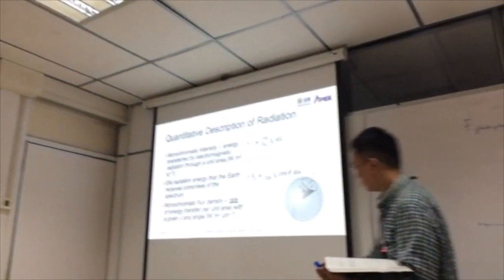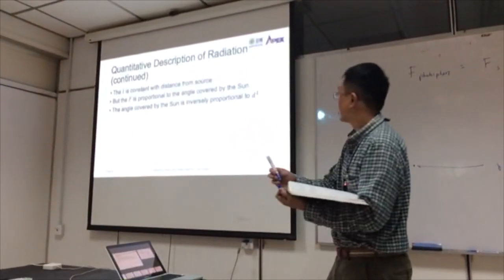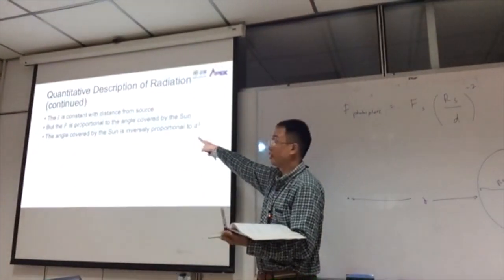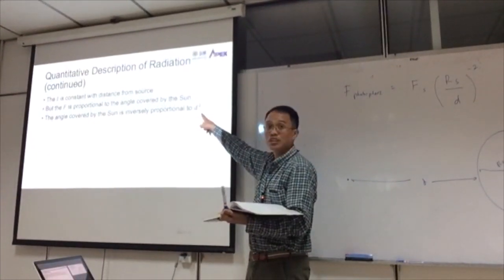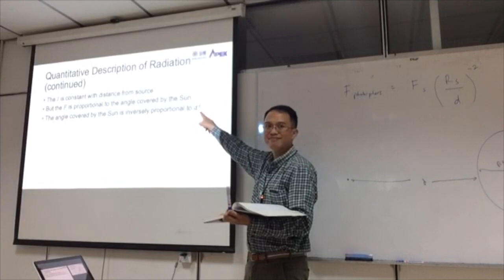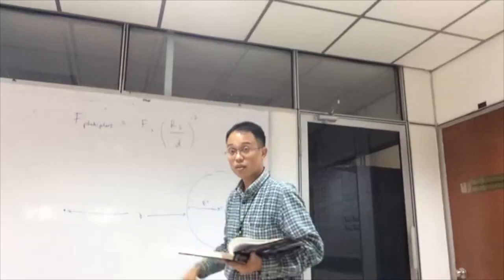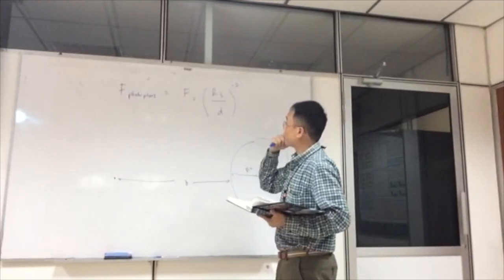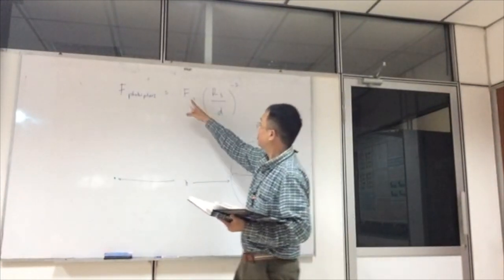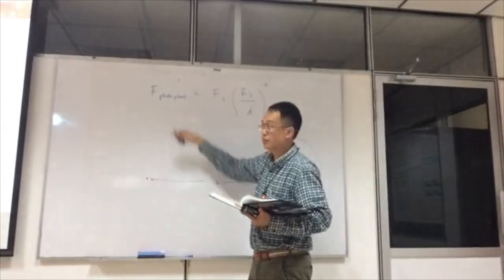Remember this slide? The angle covered by the Sun is inversely proportional to d to the power of 2. That's where we get this from. We multiply with this, then you get the F photosphere.